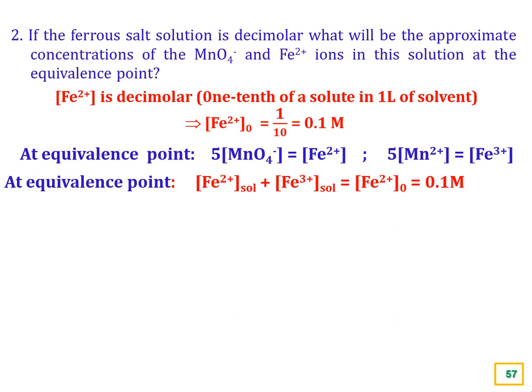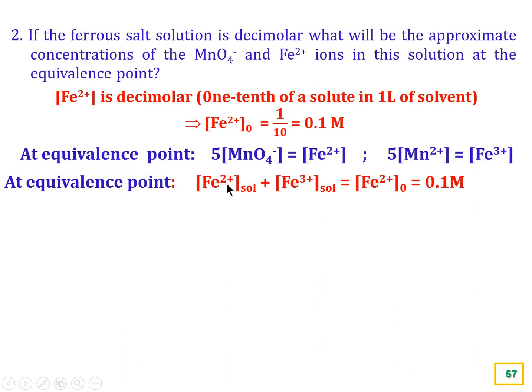The reaction between Fe2+ and MnO4- will transform a part of Fe2+ to Fe3+. But in the solution, we always have Fe2+ concentration plus Fe3+ concentration equal to the initial concentration of Fe2+, which is 0.1 molar.